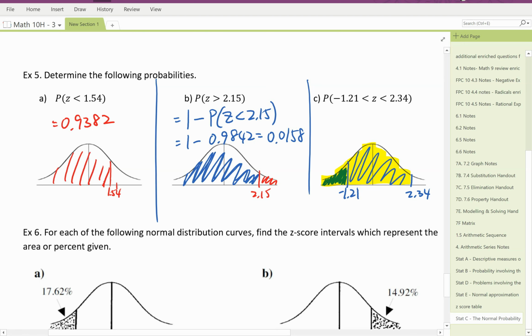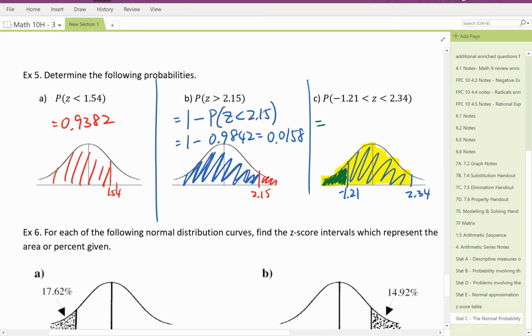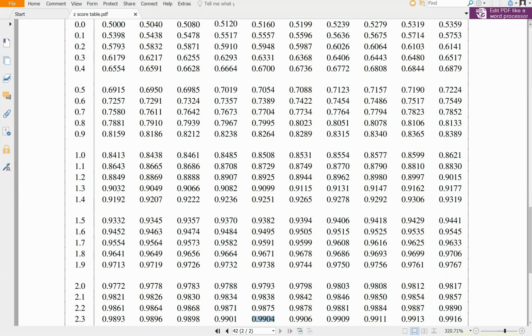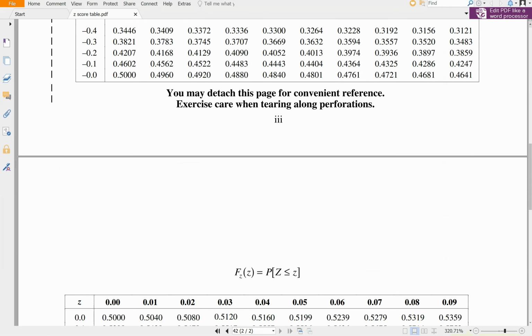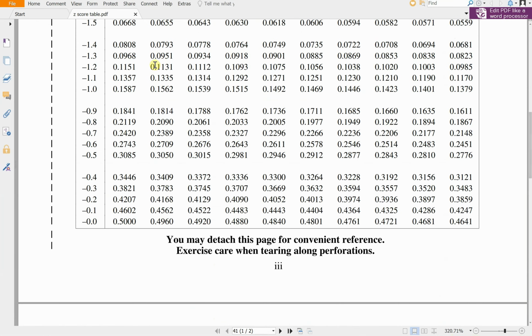To the left of 2.34 is right here, 0.9904. So 0.9904 minus the area to the left of negative 1.21. Negative 1.21 is right here, 0.1131.